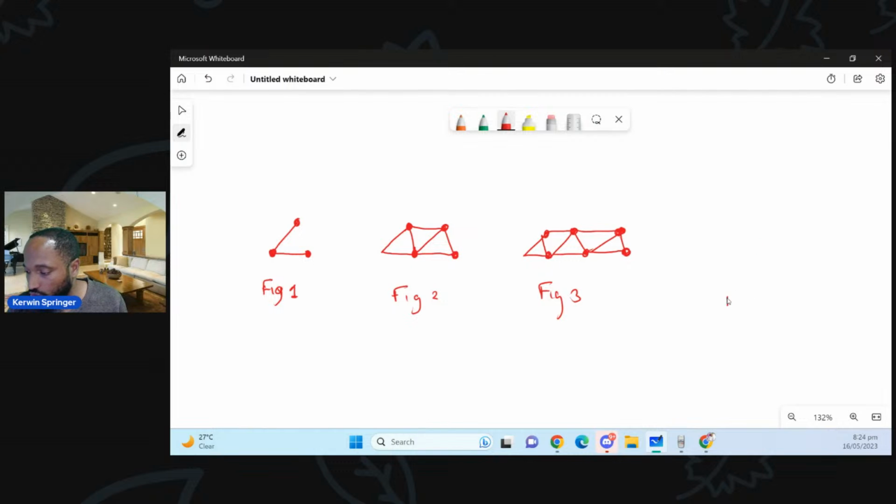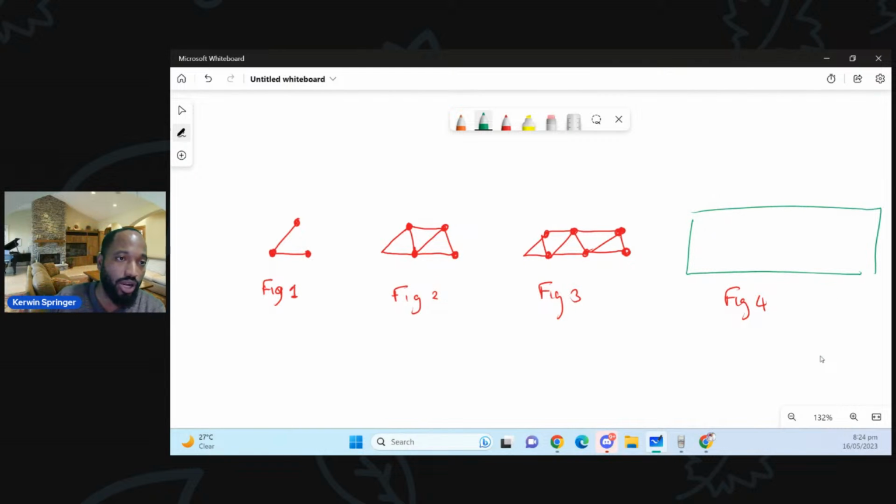So they ask you to draw figure 4 now. Tell me in the chat if you can at least do that, like 4 marks, like 2 marks in. So you can do that. Like figure 1, that's figure 2, figure 3.